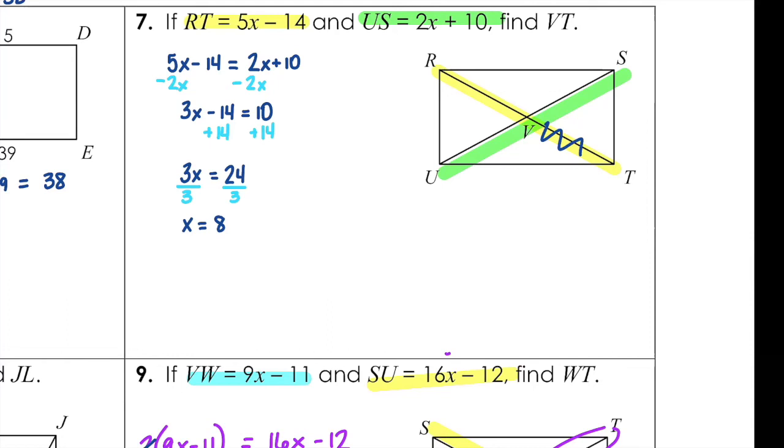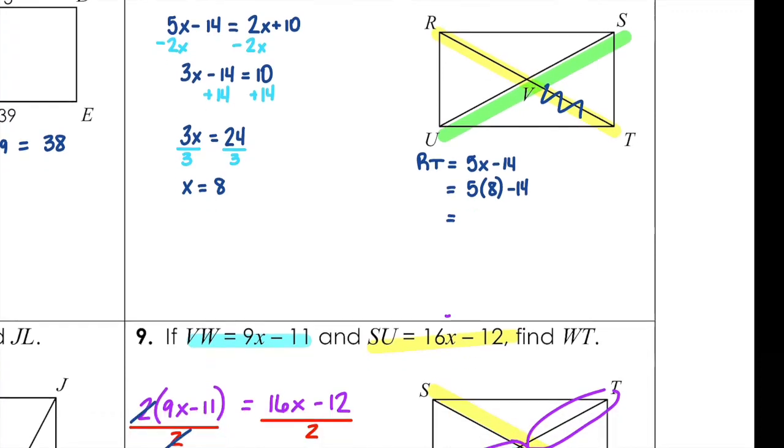So RT is 5x minus 14. Is that right? Did I translate it right? Yeah. Substitute 8 for x. 5 times 8 is 40.